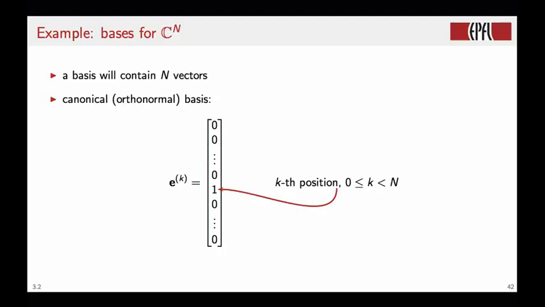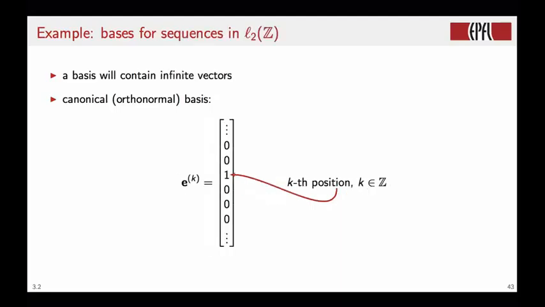Let us see this in the simplest case, which are bases for C^N. We are in a finite-dimensional space, so a basis will have exactly N vectors. The canonical orthonormal basis is simply the basis of indicator vectors, so e_k has a 1 in the kth position. So e_0 would have a 1 here, e_1 here, etc. And this is a bona fide basis for the N-dimensional space C^N.